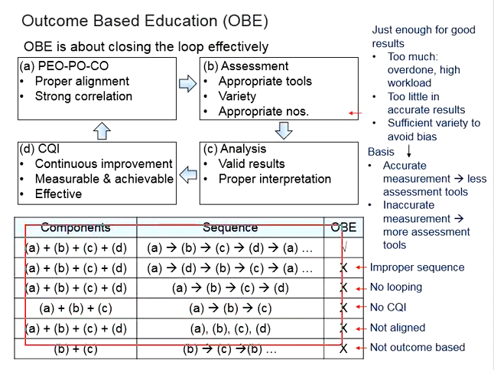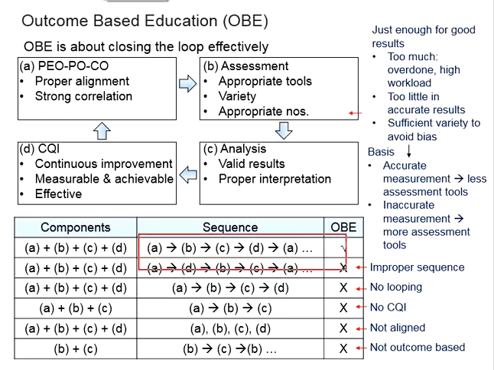There are various scenarios here. In the first scenario, you have all of A, B, C, and D in proper sequence, A, B, C, D, and go back to A and proceed. And this is OBE.